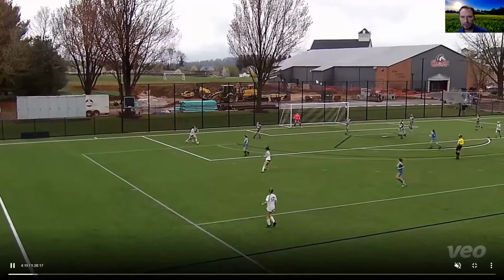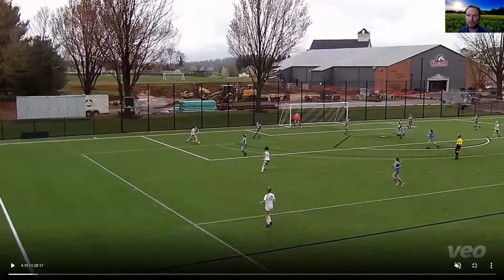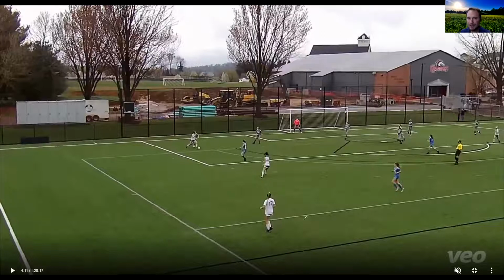So here she goes. Now, what you'll notice is she tries to get involved, but she doesn't quite commit. She kind of stays back and she doesn't make any sort of hard sprints to get into this space. Meanwhile, her midfielder sees that this player does need support, but she kind of goes the wrong way at first till she notices that she's here.